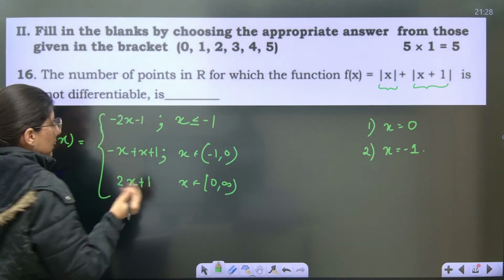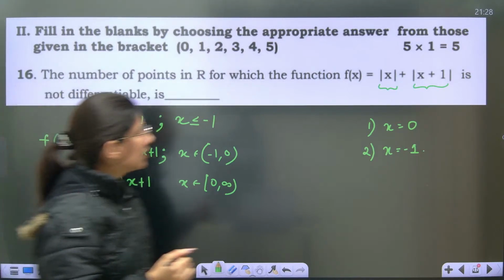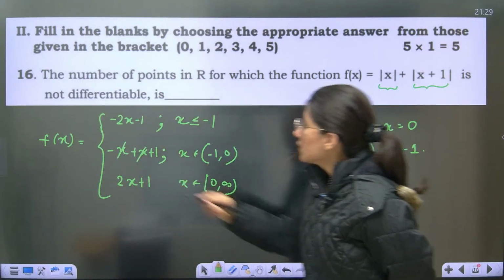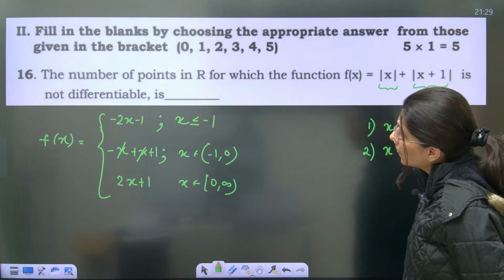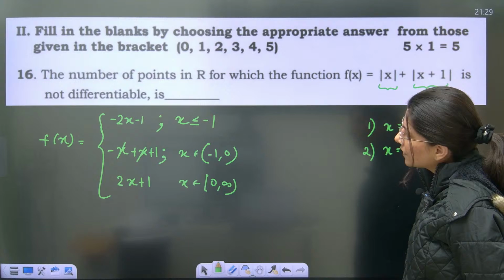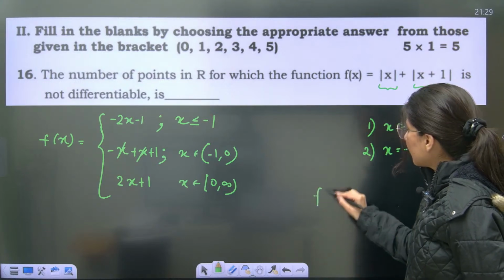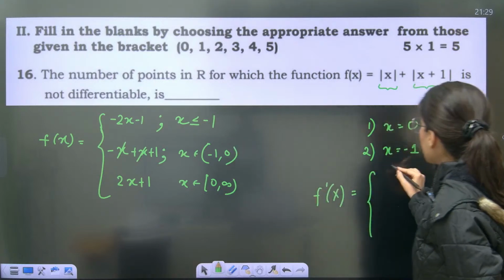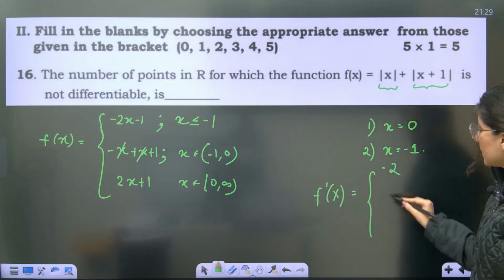Correct. Now we need to check for the differentiability points. Continuity is there. Just tell me one thing, f dash x. If you differentiate this, you're going to get -2. If you differentiate this, you're going to get 0.